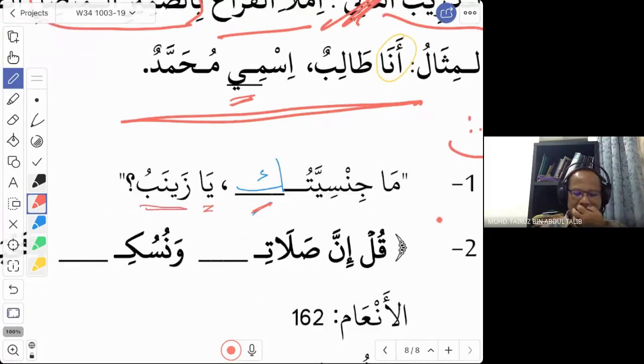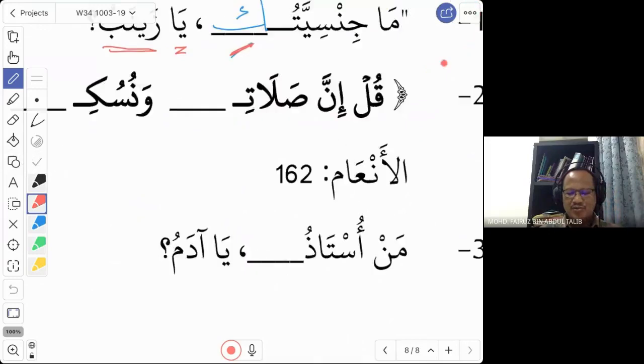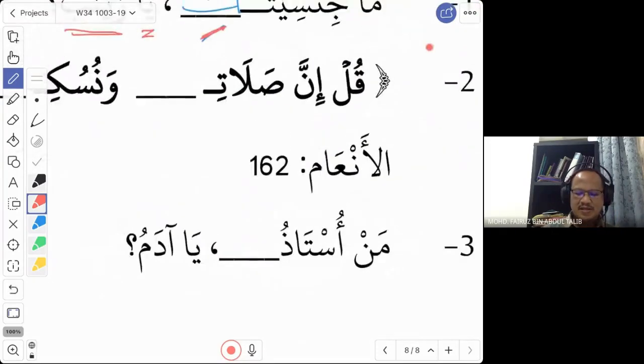Look at number three; we skip number two. Man ustaz ya Adam. Man is a new word, which means who. Previously you learned the word min, as in ana min. That is a different word.